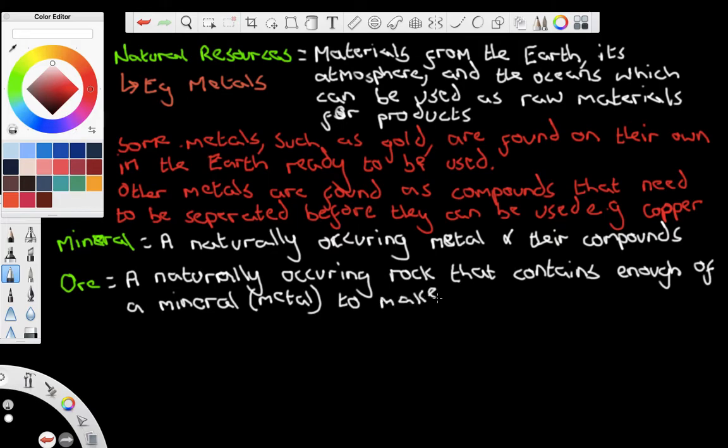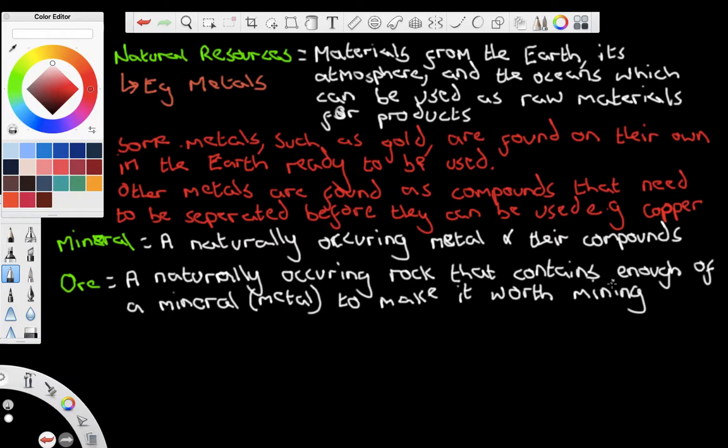Now, once we've mined this metal, we can remove the metal from it.